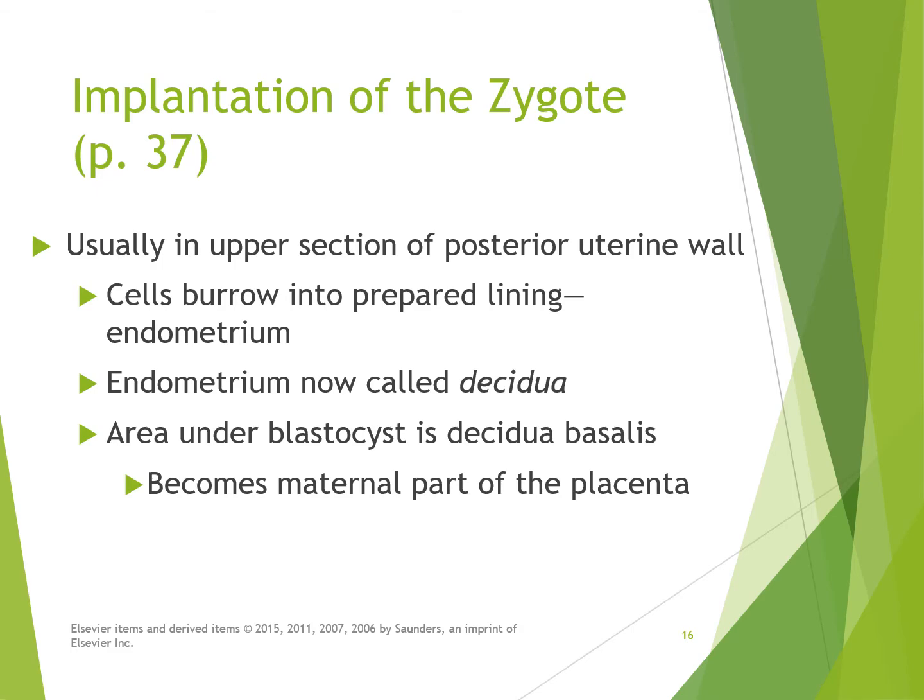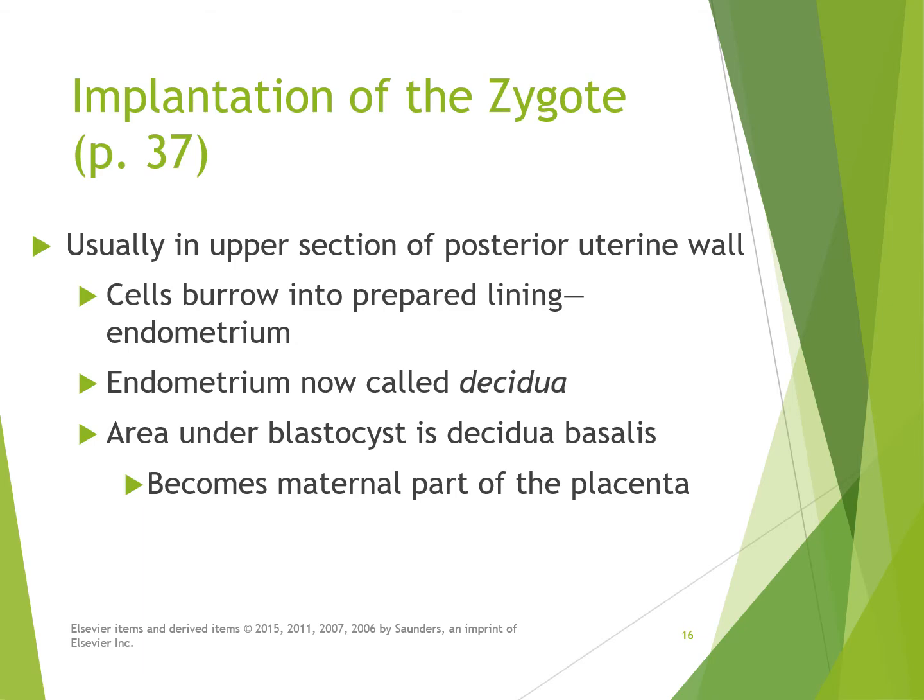So implantation of the zygote. So we have a zygote now. So all the splitting has been done. It's come down the fallopian tube. And it implants usually in the upper section of the posterior uterine wall. So the back of the uterus, right? So cells burrow into the prepared lining. So our body has done this whole unique thing once fertilization happened.